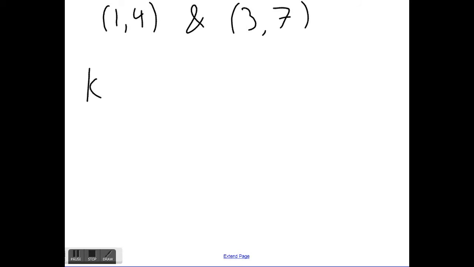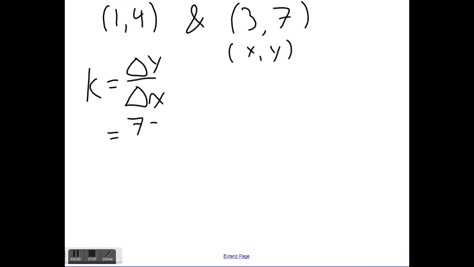So if you want to find the slope, right, change in y over change in x, this is what you could do. You take your y value from this point, remember x first, y second, which is 7, and subtract the y value from the first point.